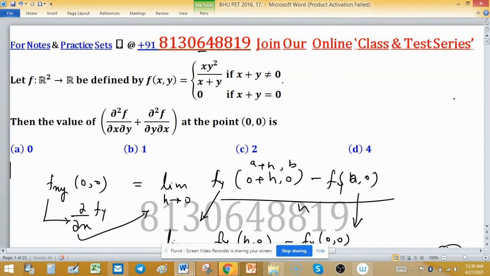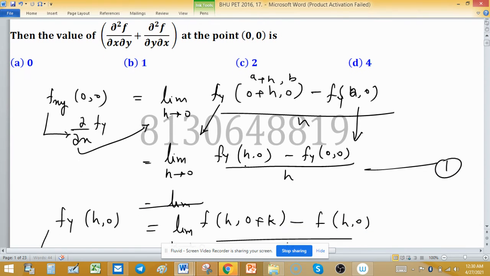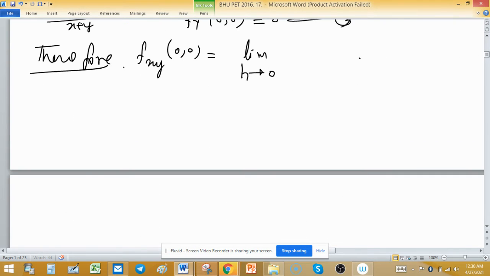What we have done here, as you can see, this is equation 1, the value of the first expression is nothing but 0, and the value of this expression is again 0, so we obtain (0 minus 0) divided by h, and this is equal to 0. So f_xy at (0,0) is 0.